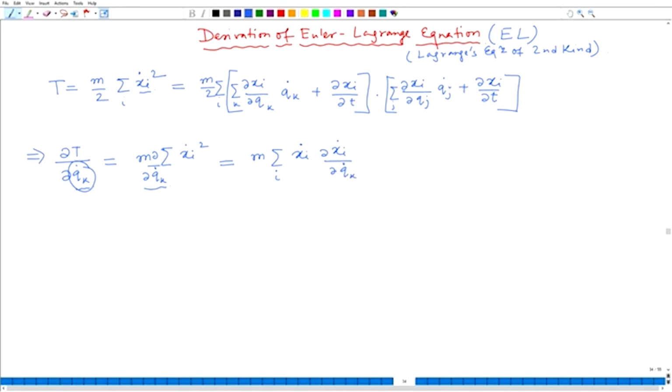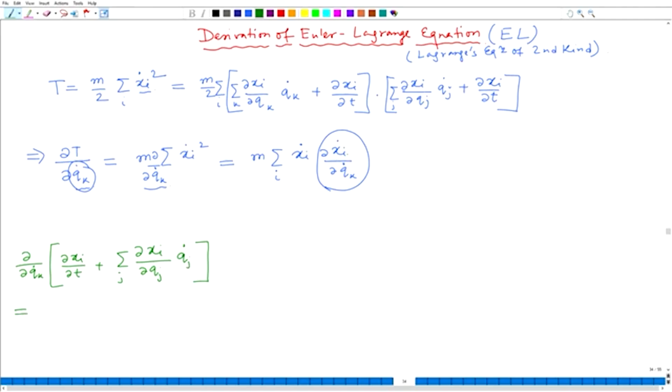Now I can calculate this quantity separately, del xi dot del qk dot. xi dot is once again del xi del t plus the summation over j of del xi del qj times qj dot.